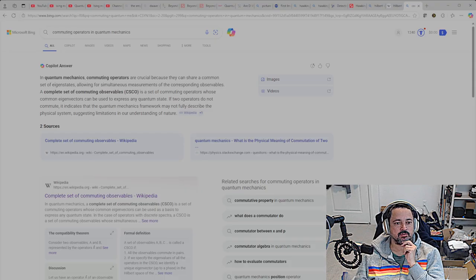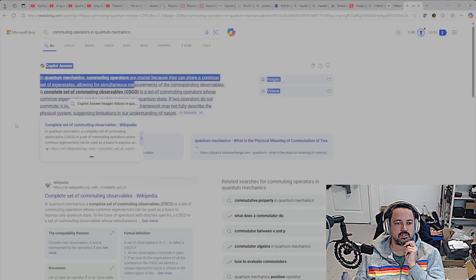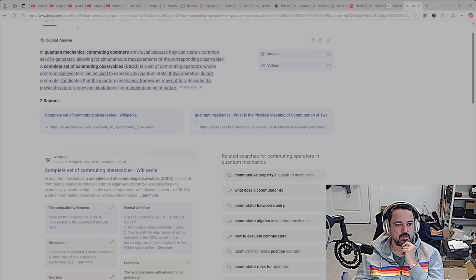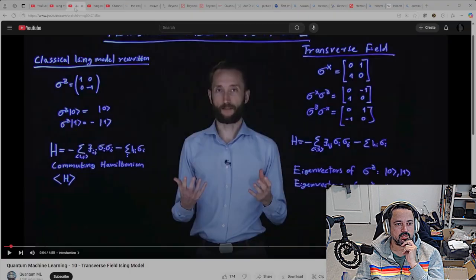A complete set of commuting observables is a set of commuting observables whose eigenvectors can be used. See, it's a set of operators. It's commuting operators. So is the Hamiltonian not an operator? Because essentially it's the square bracket [a, b] equals 0. That's commuting, meaning it's independent of which way you do it. Okay. So my intuition is sort of right.